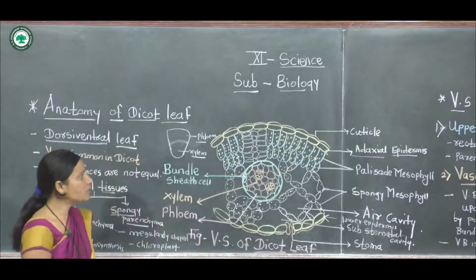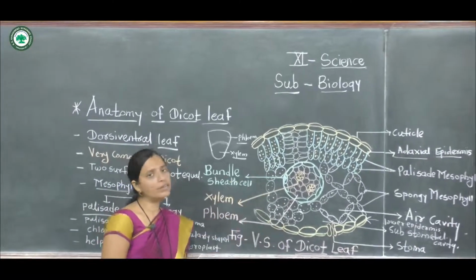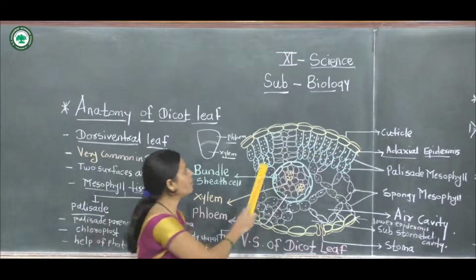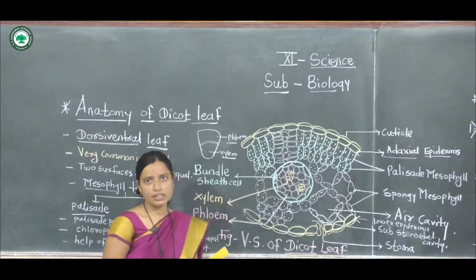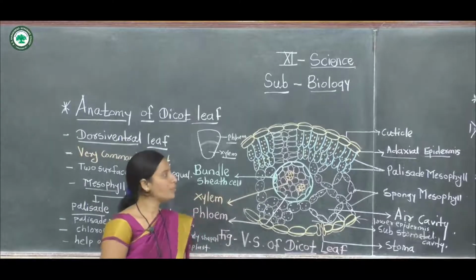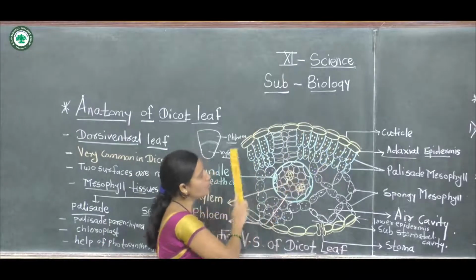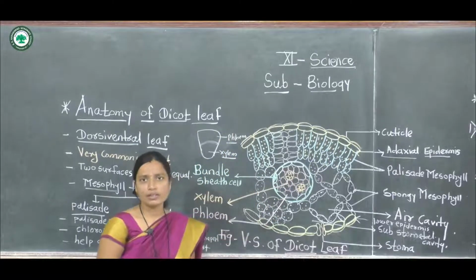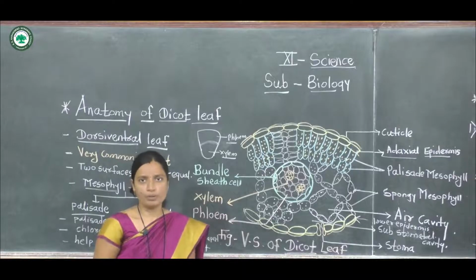The internal structure of this dicot leaf shows different layers: the upper epidermis and lower epidermis. It is a single layer of cells, and the outermost layer of the epidermis is called the cuticle. A thin layer of cuticle is found on the upper and lower epidermis.